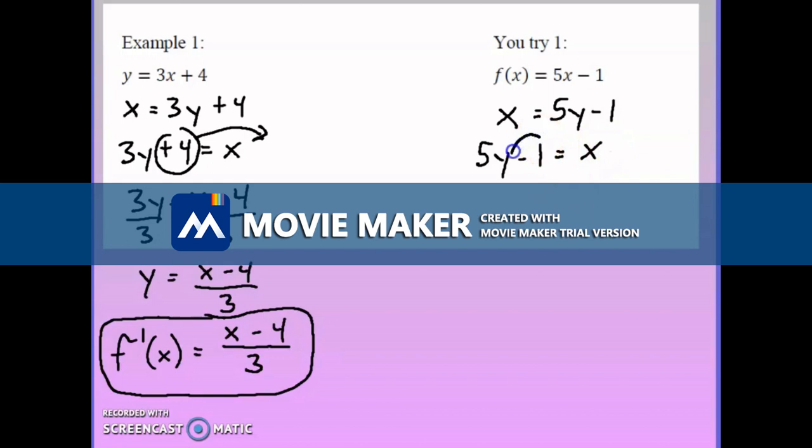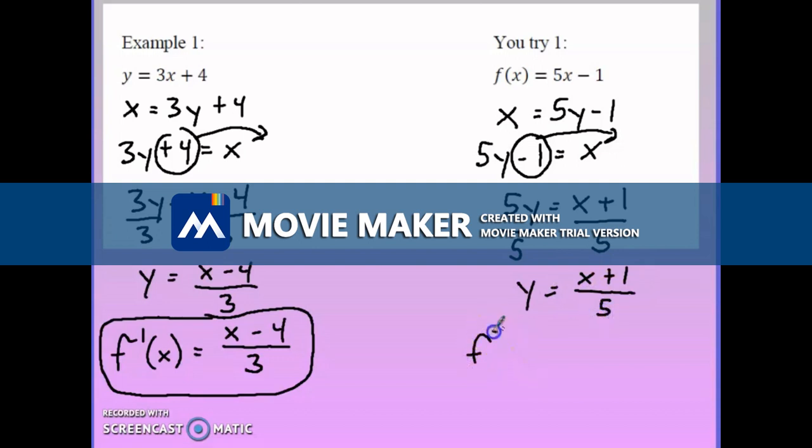First I'm going to take the negative 1 to the other side. So 5y equals x plus 1: negative 1 on one side becomes plus 1 on the other. Then I need to divide out that 5. So y equals x plus 1 over 5, or the inverse function is x plus 1 over 5.